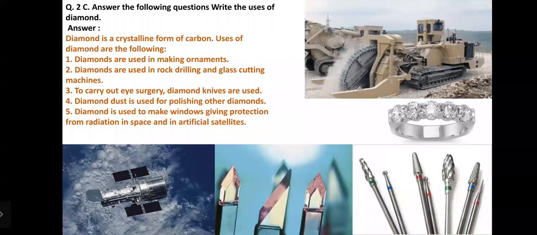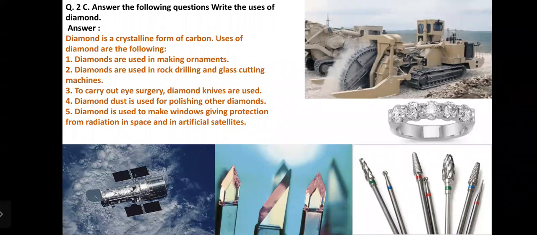The first use is that diamonds are used in making ornaments and jewelry, since diamond is very bright, luxurious, and shines, reflecting very colorful light. Another use is that diamonds are used in rock drilling and glass cutting machines.